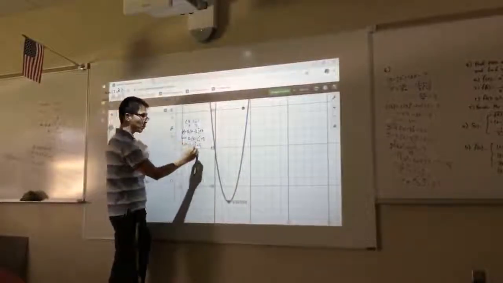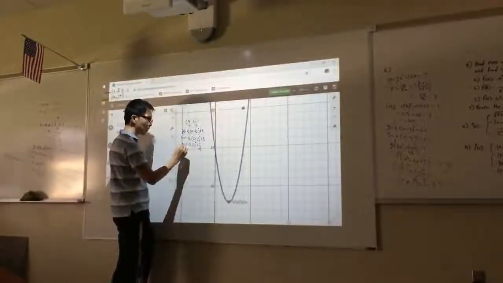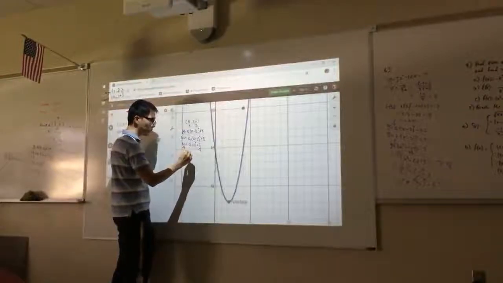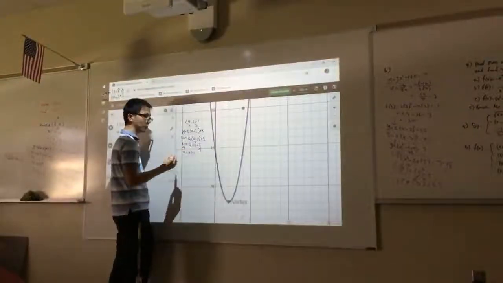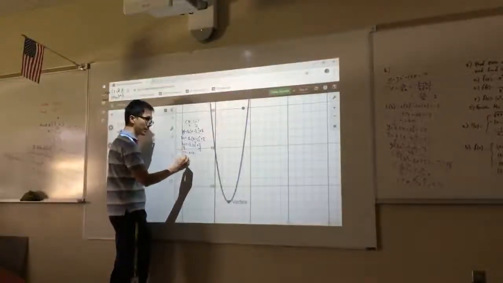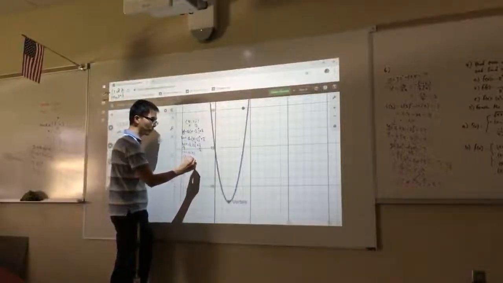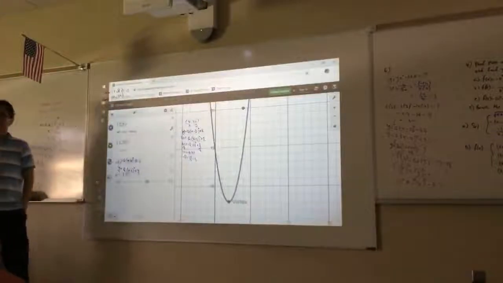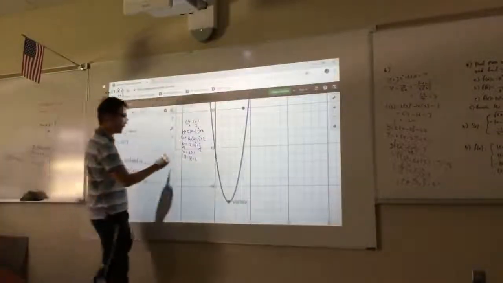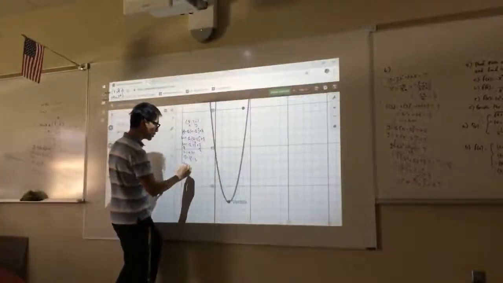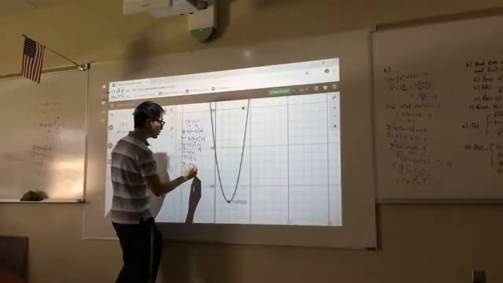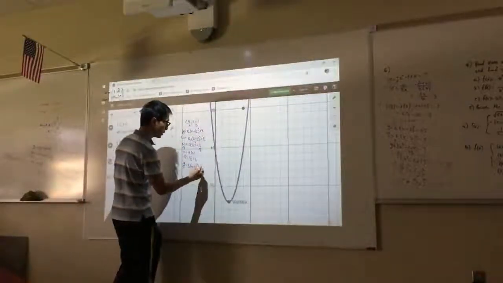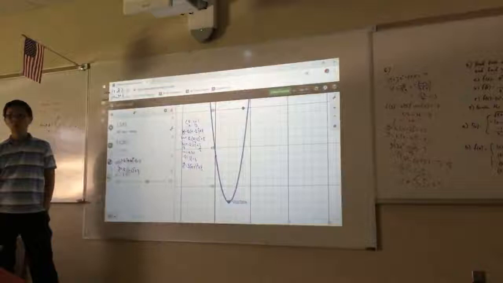No. I'm going to subtract 8 on both sides, so I get 12 equal to A times 4. Then A is equal to 12 divided by 4, which is 3. So A is equal to 3. I solved algebraically. Now I can plug it back in: the equation is y equals 3 times (x minus 2) squared plus 8.